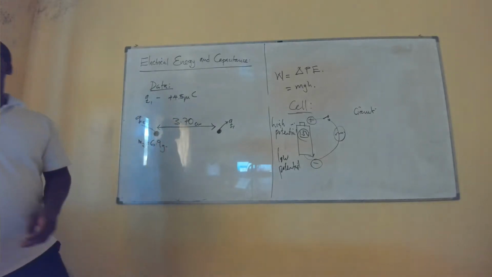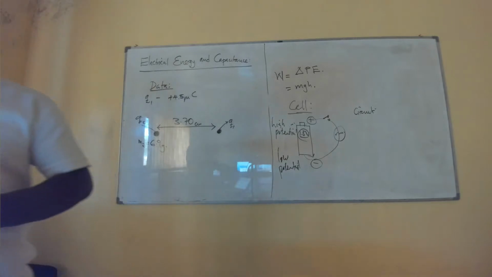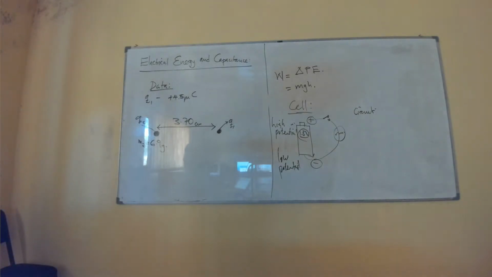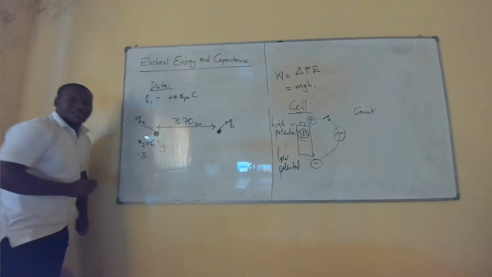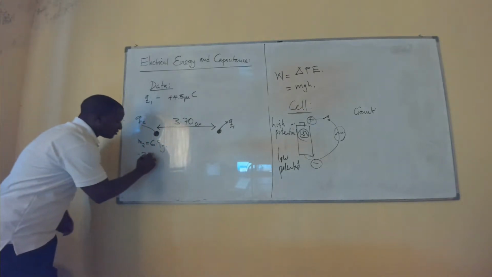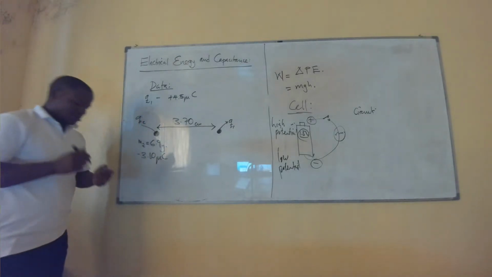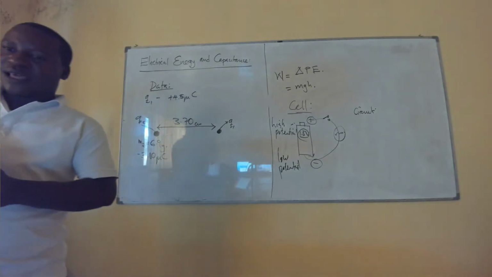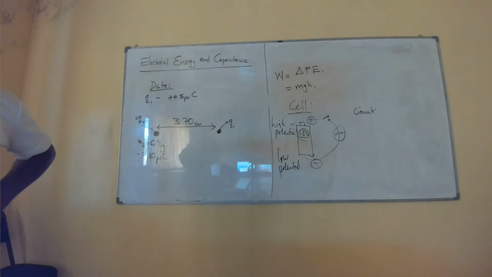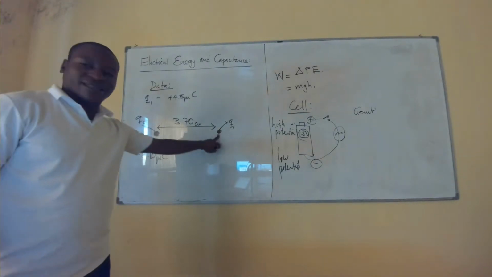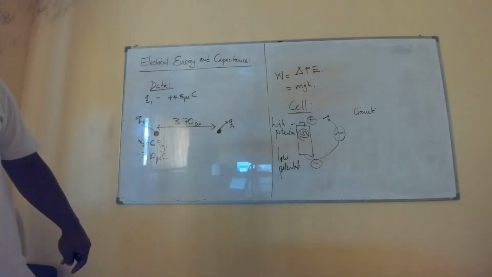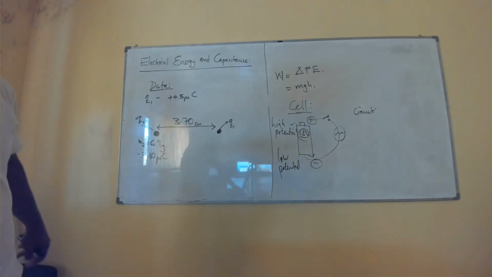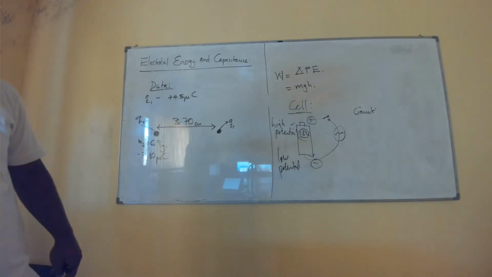All right. So of course, the charge here has been given to be minus 3.10 microcoulombs. So here we are saying a particle Q1, which is this one here, with a charge of 4.5 microcoulomb is fixed in space.